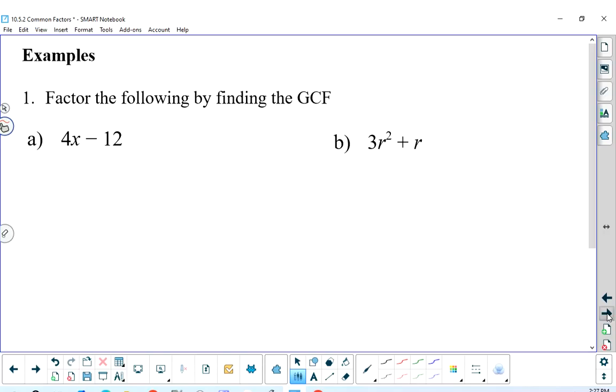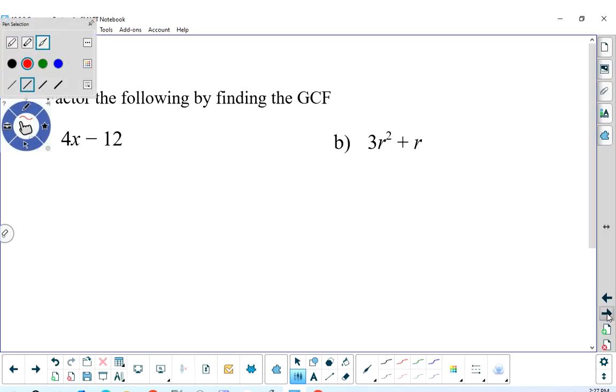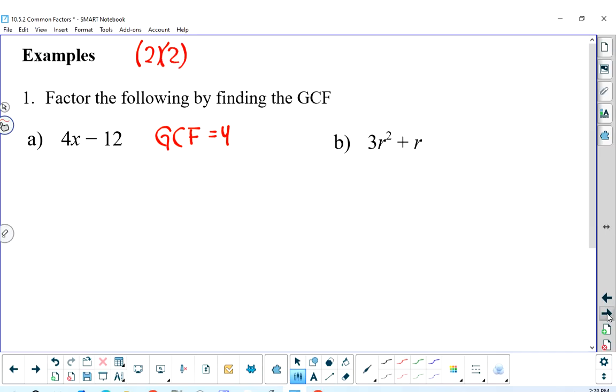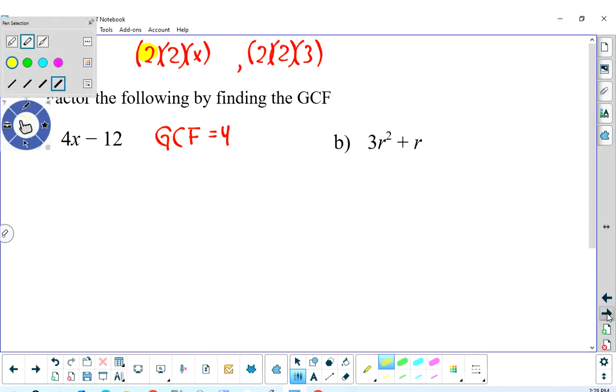Factor the following by finding the GCF. So what is the greatest common factor of 4x and 12? Well, it's 4. And this bit about writing 4x as 2 times 2 times x, and 12 as 2 times 2 times 3, and then saying, oh, well, there's a 2 here and here, and there's a 2 here and here, 2 times 2 is 4.